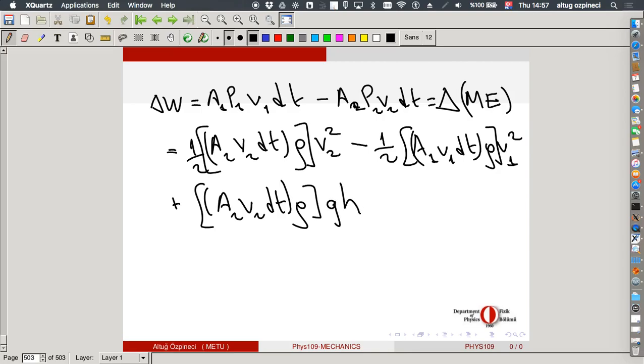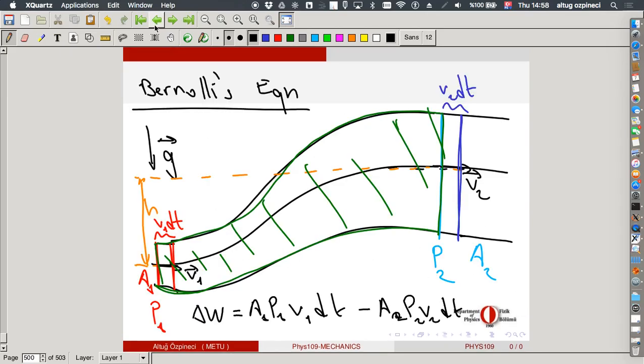This is the potential energy of the new region, minus 0. So what I did is the change in the mechanical energy.